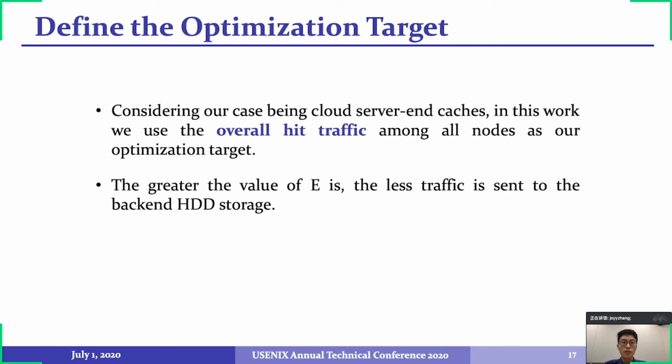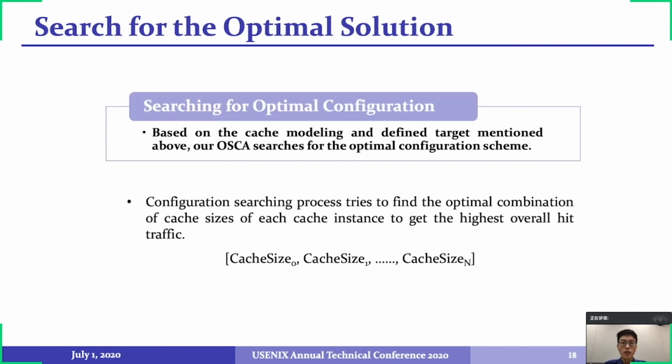That is maximizing the overall hit traffic. Now we have the miss ratio curves and the optimization target, and then we need to find a set of optimal cache configurations. That is to find a set of cache sizes for storage nodes to maximize the total hit traffic.